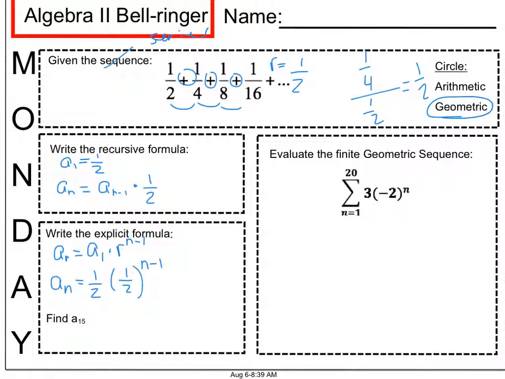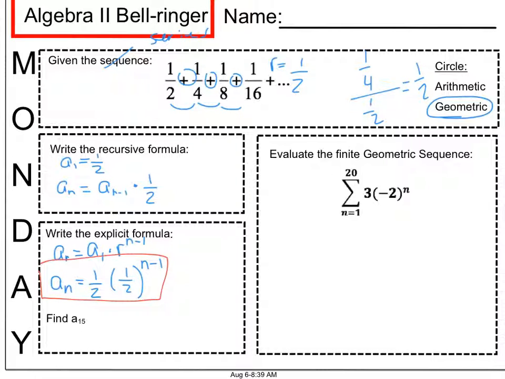We're not going to plug in a value for n because this is a formula that anyone can use to find any term that they want. Now, n stands for the place that we're looking for in the pattern. So if I wanted to find the 100th number in the pattern, I would plug in 100 for n and make that calculation. So that is our final answer for the explicit formula.